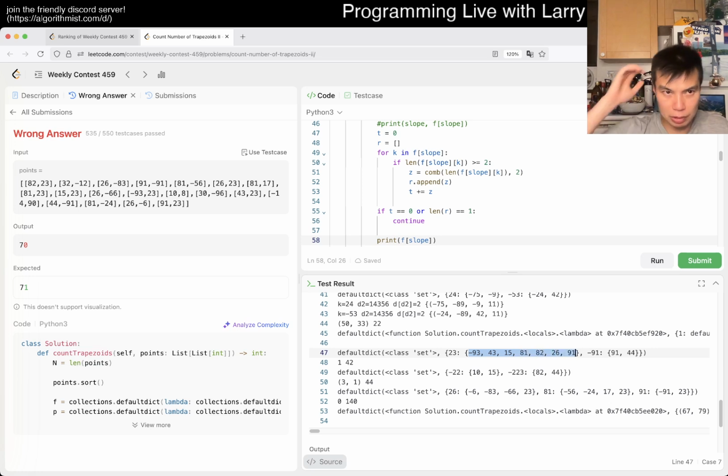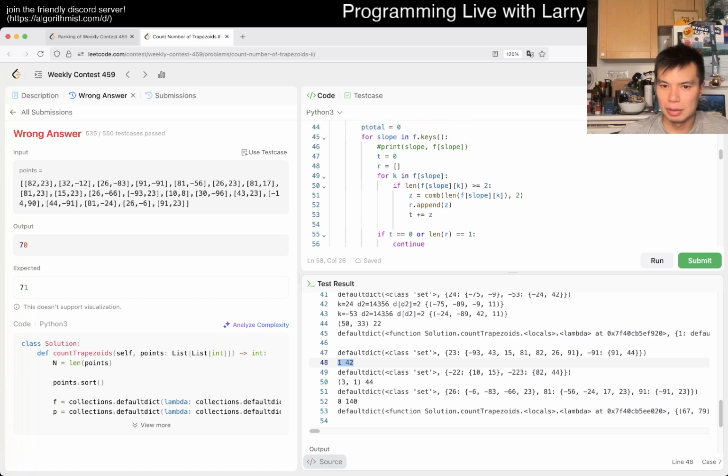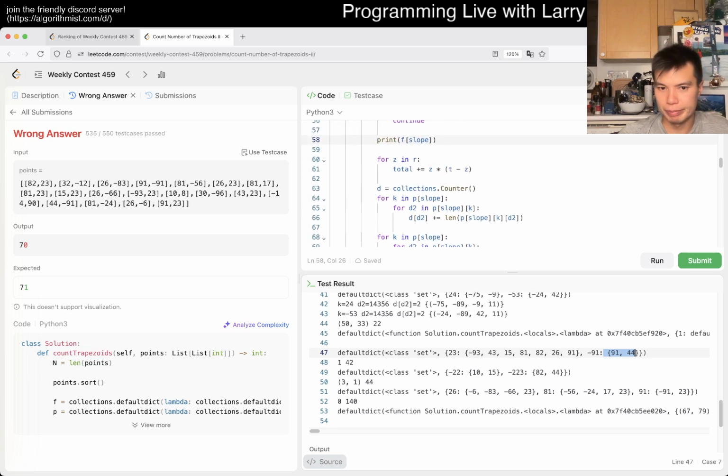So 7 choose 2. 7, 6, 40. So 21. What? Yeah, why is this 42 actually? Oh, because you count this one as well, so it double counts. Okay, fine.